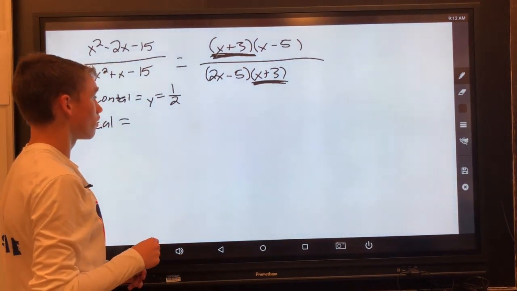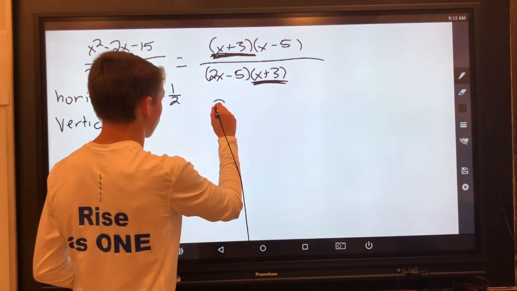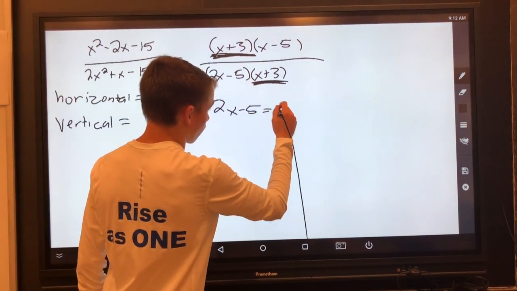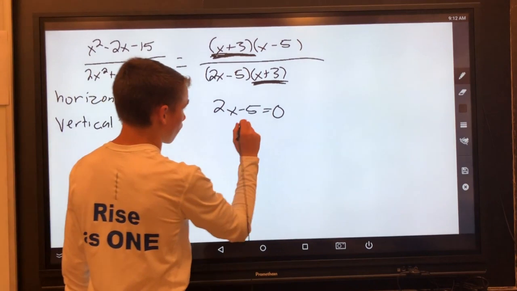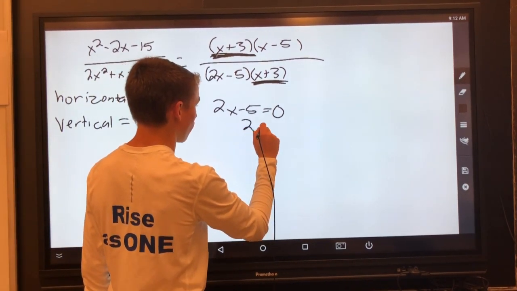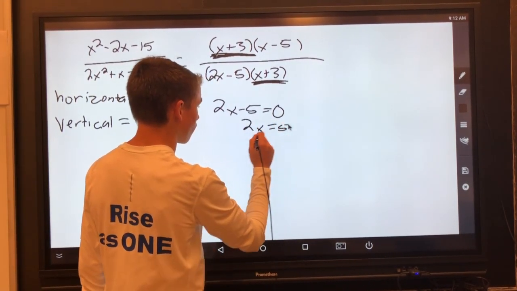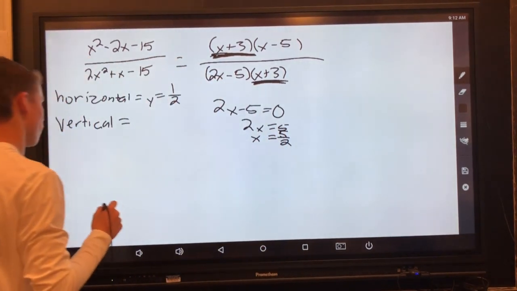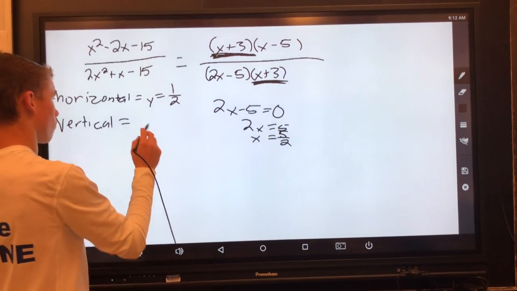But let's take 2x minus 5 here and set it equal to 0. Solve for x. So 2x is equal to 5, and x is equal to 5 over 2. And that's your vertical asymptote in this one.